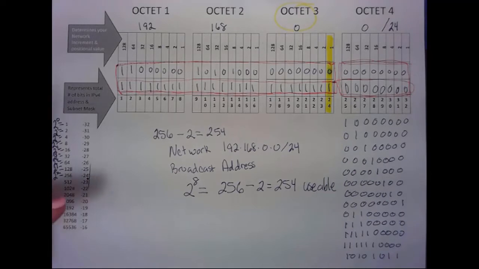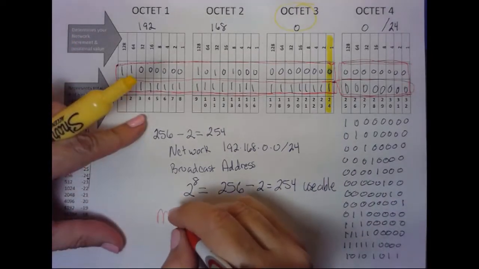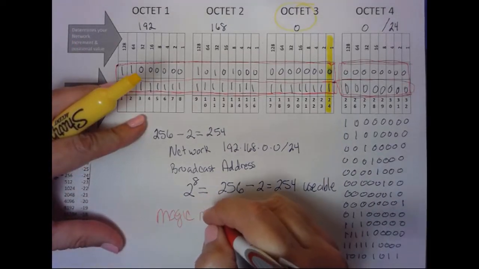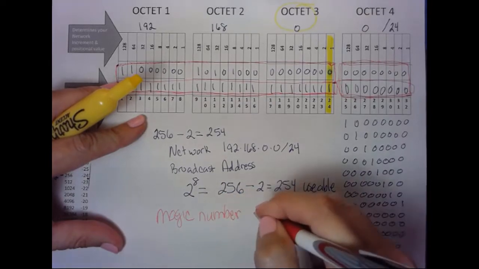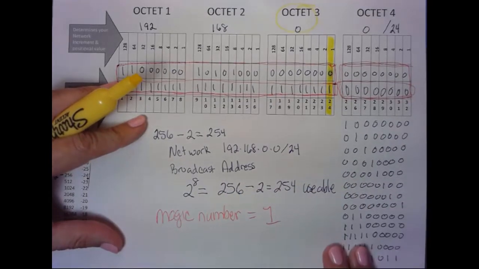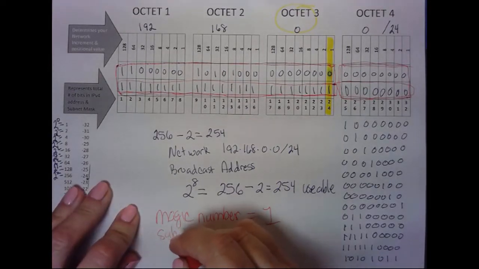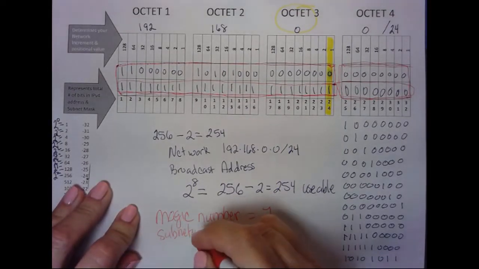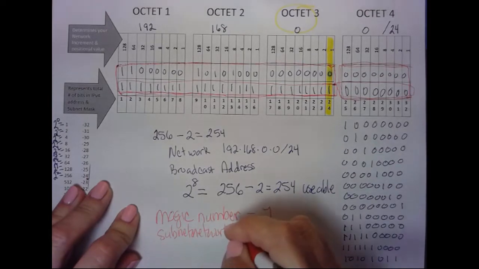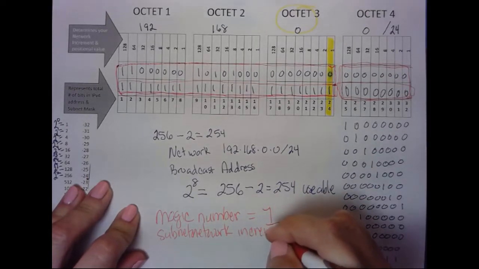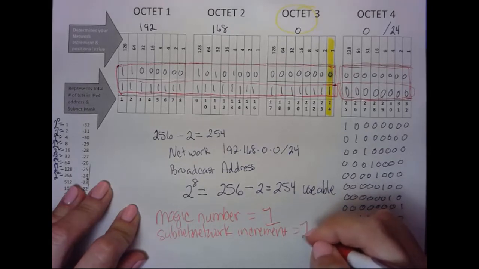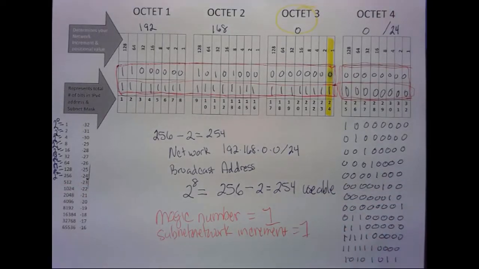So magic number equals 1. That's also known as the subnetwork increment, which equals 1.